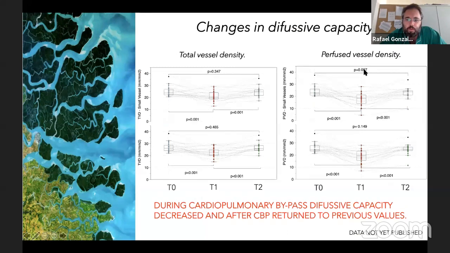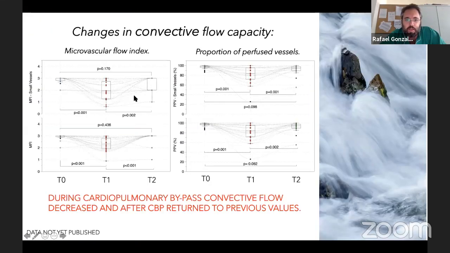Diffusive capacity and convective capacity were decreased. We can see in these images how at the T1 point, which is the cardiopulmonary bypass, the vessel density was decreased, and also the convective flow capacity was decreased.